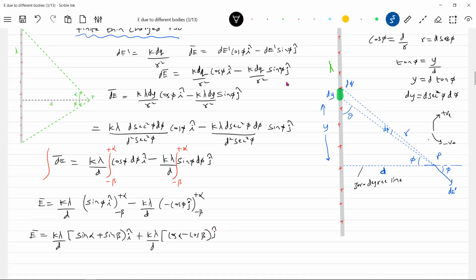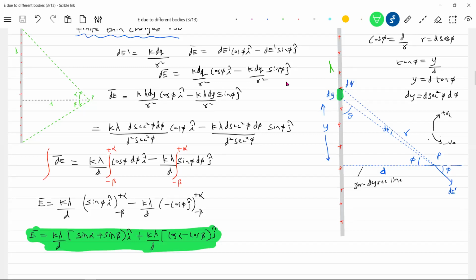I think this is a very generalized formula. If you can remember so many conditions, you can take it. Any numerical with a finite rod, you can easily manage with the help of this one.